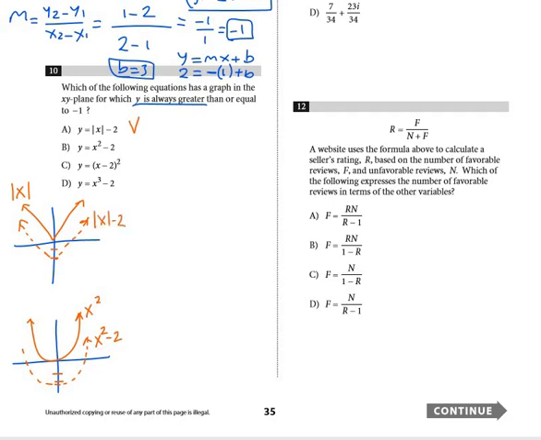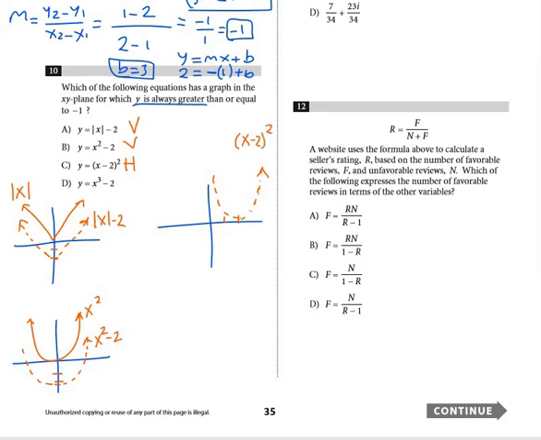In option C, normally our x squared is like this, but this is 2 units shifted to the right. So this is a vertical shift, and we have a horizontal shift here. So 2 units shifted to the right. So this is x minus 2, the quantity squared.